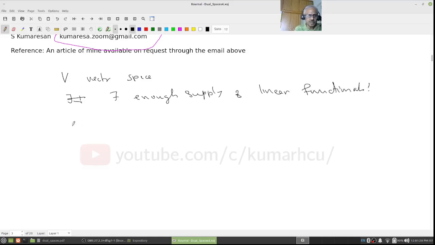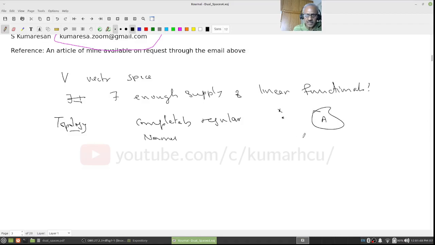What does it mean? If you have learned topology, you know there are what are called completely regular spaces, and you also know normal spaces. Here you have a set and a point x not in that set, then you have a continuous function such that f equals 1 at the point and 0 on the set.